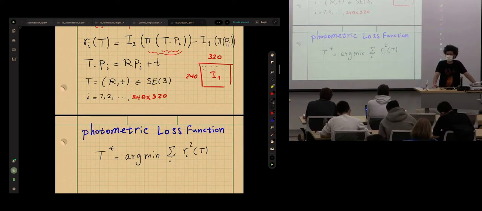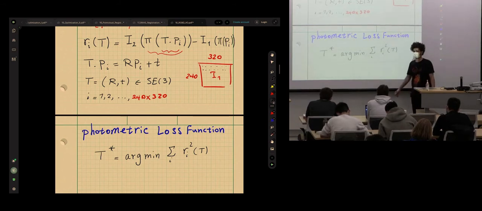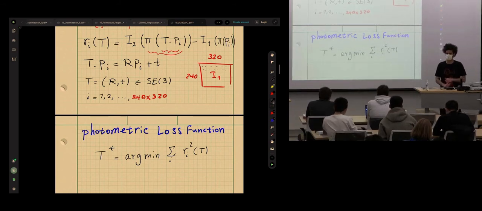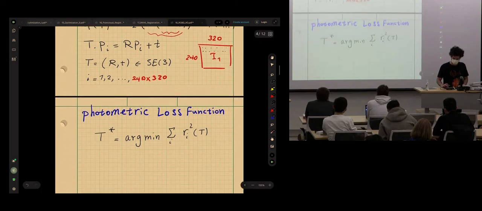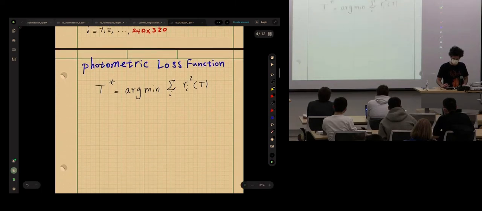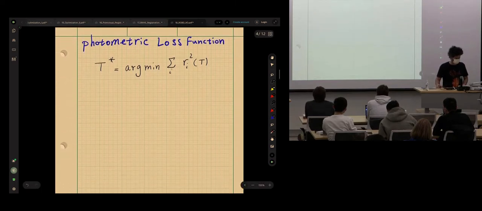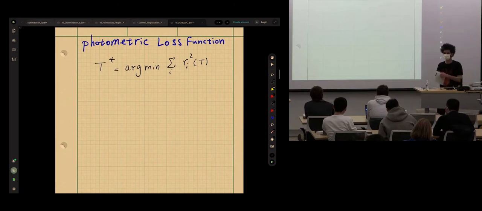Why least squares? Because that's the simplest second order solver that we know, and it will give us a solution. Are we done?